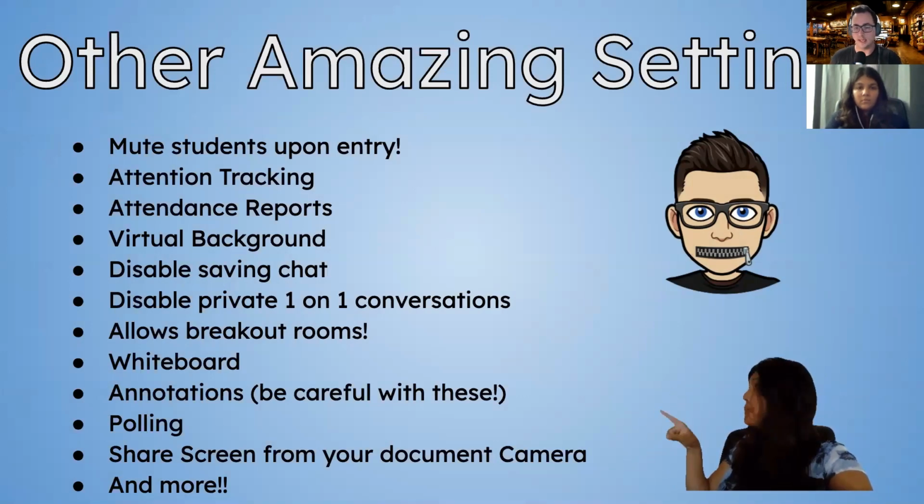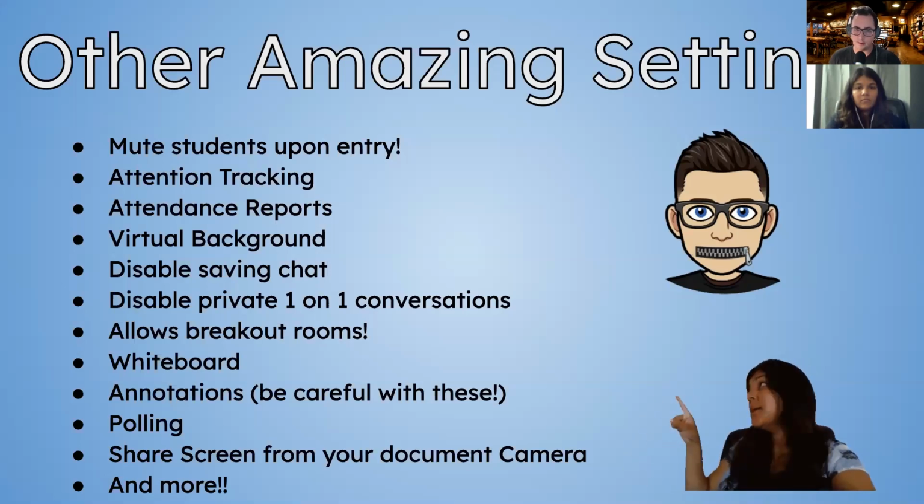Attendance reporting, so you can take attendance within Zoom. So at the end of the day, after all of your Zoom sessions have been completed, you can go into reportings, print out a report for the day. You can see who entered your classroom, how long they were in there for. So then you can take attendance that way.